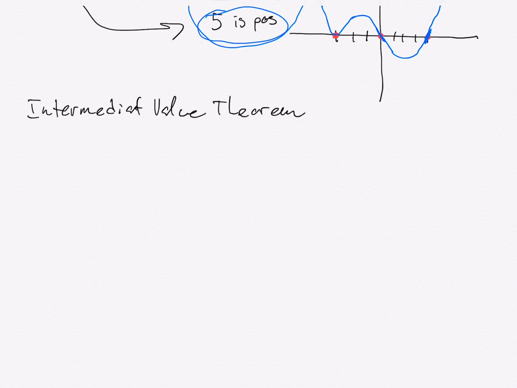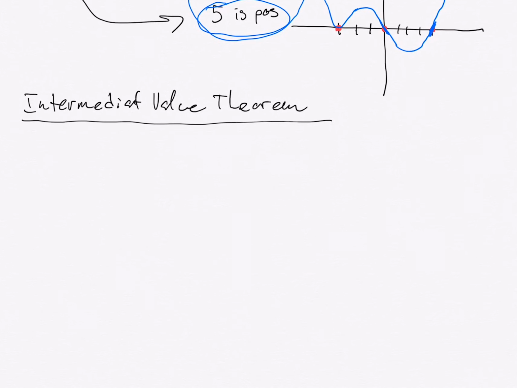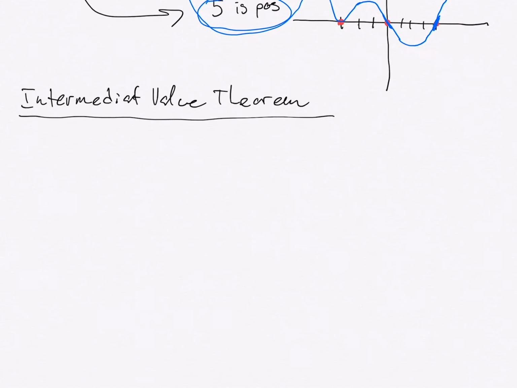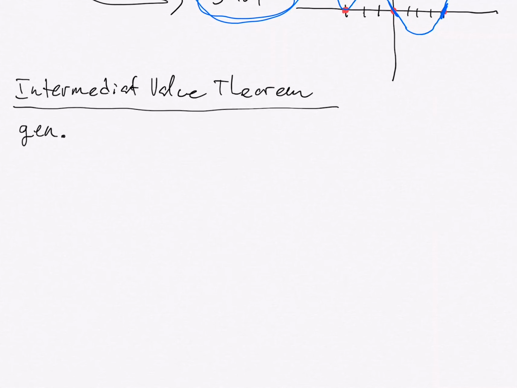The intermediate value theorem is much simpler than what we were just talking about. It has considerably fewer components, and let's talk about it in generality.